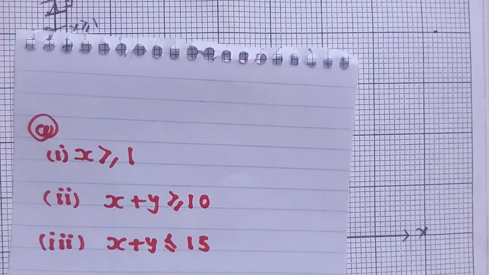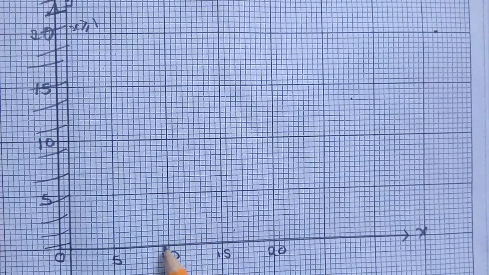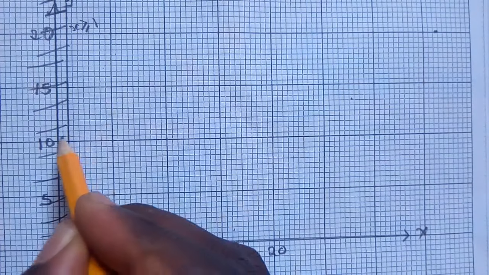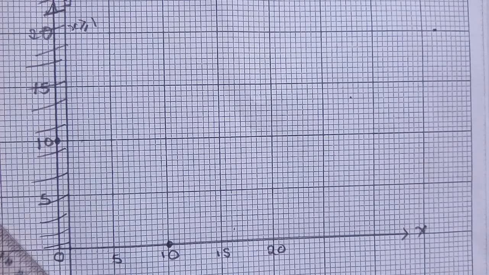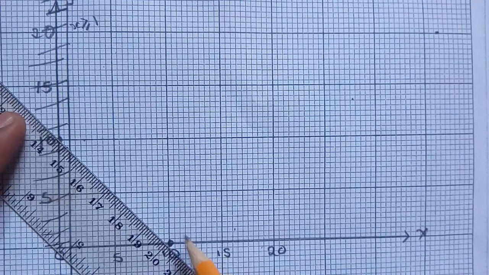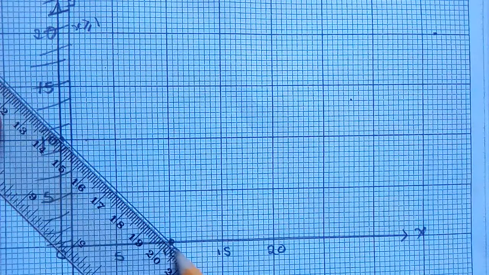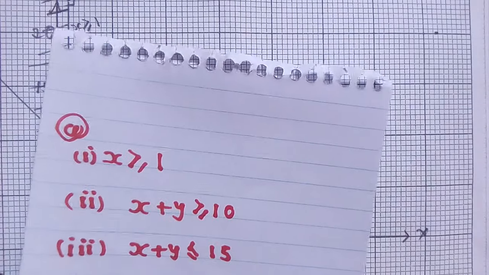The next inequality says x plus y is less or equal to 10. So we'll go where 10 is, here and here. We join them. So we shade. Which part are we supposed to shade? We shade the unwanted part.